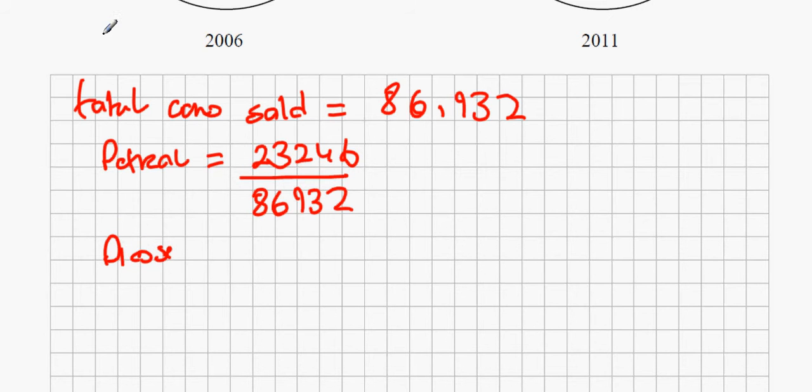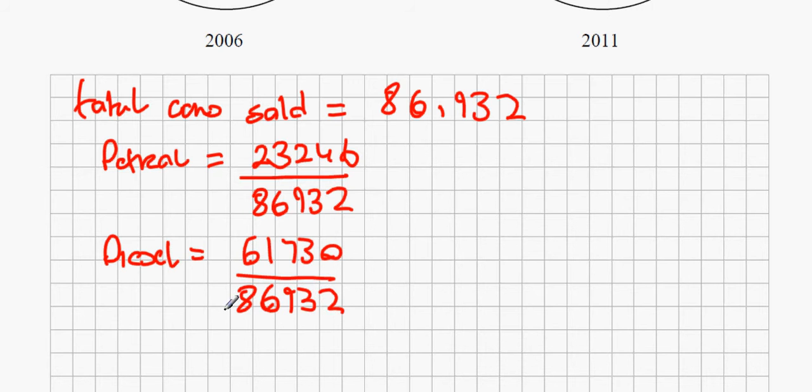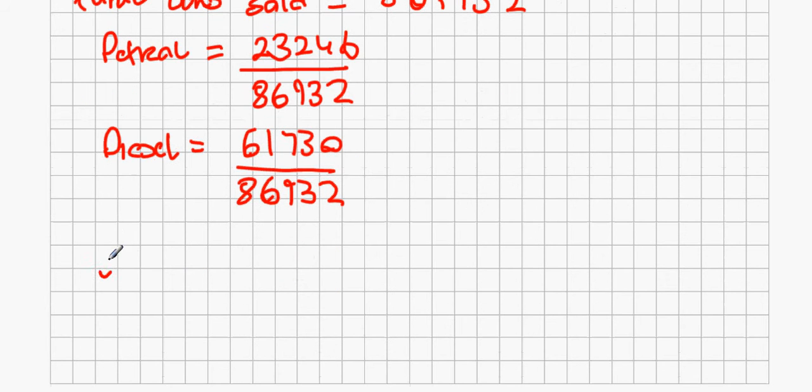Diesel, if I can spell diesel correctly, is 61,730 divided by 86,932. Okay, and other ends up to be 1956 divided by 86,932.